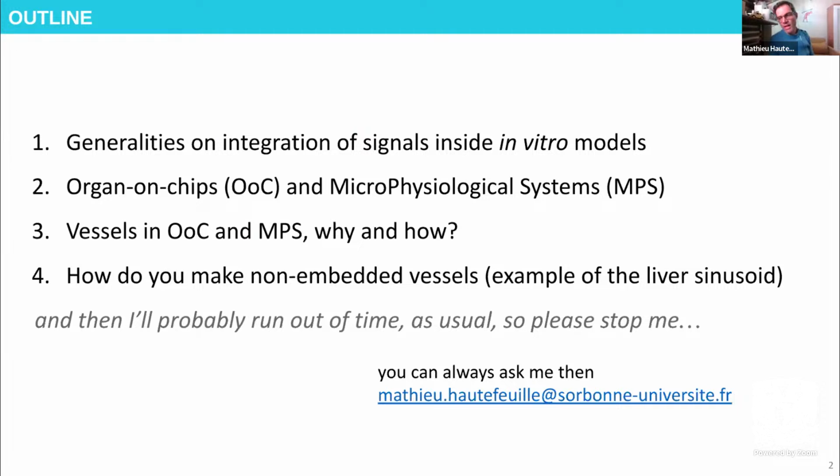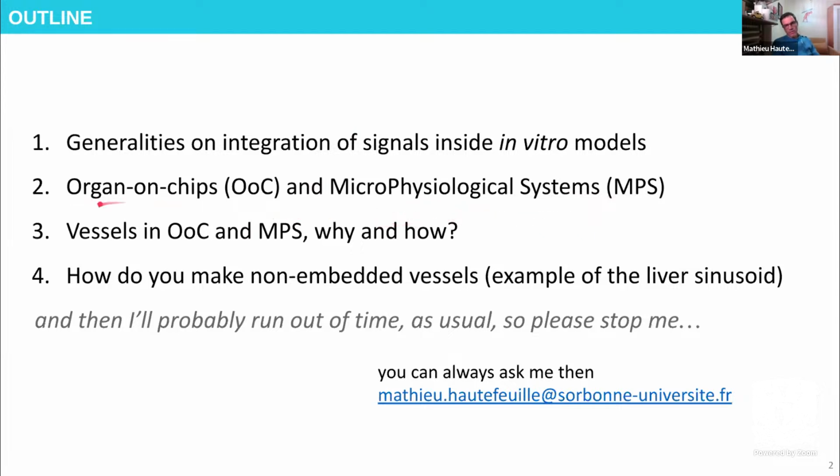I will switch to English now because I would like to do it in Spanish, but I think all the talks are in English. So the outline of my presentation is basically divided in 4 parts. The first one, I'll give you a few generalities on integration, of why we need many signals for cells to feel at home, if you want, for new in vitro models. And I will present 2 types of in vitro models, which are basically lookalikes.